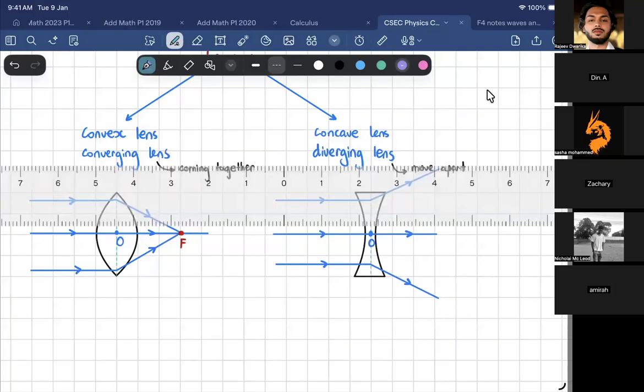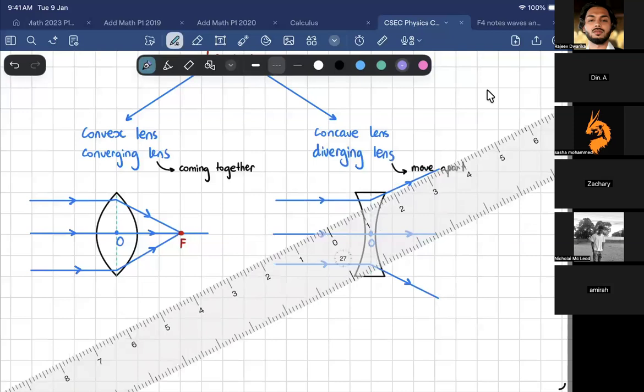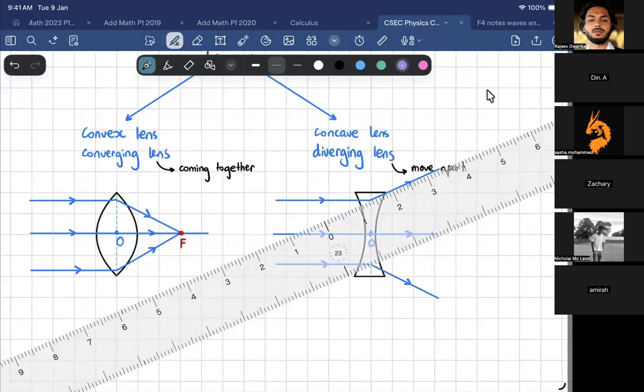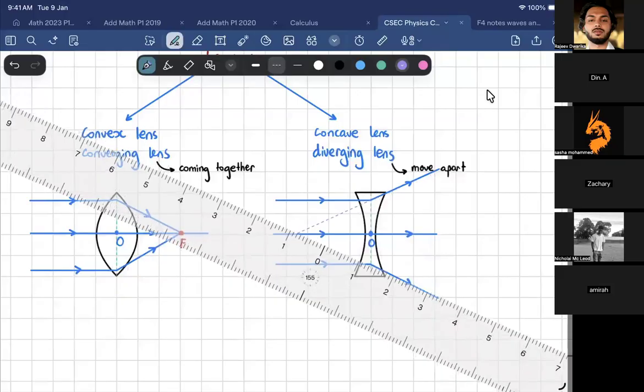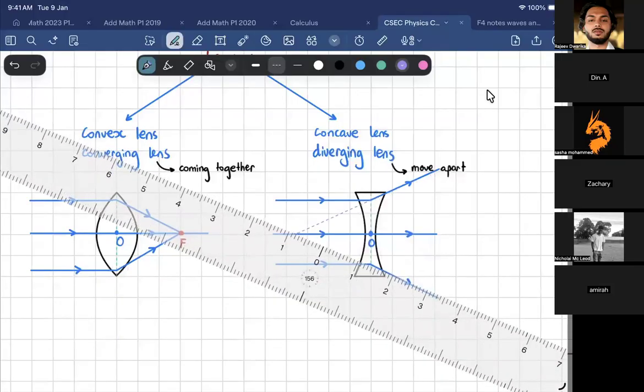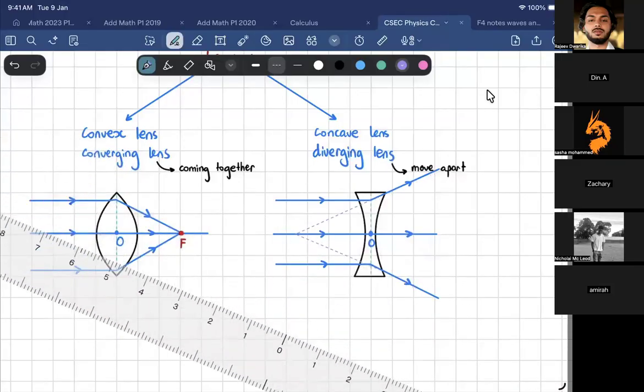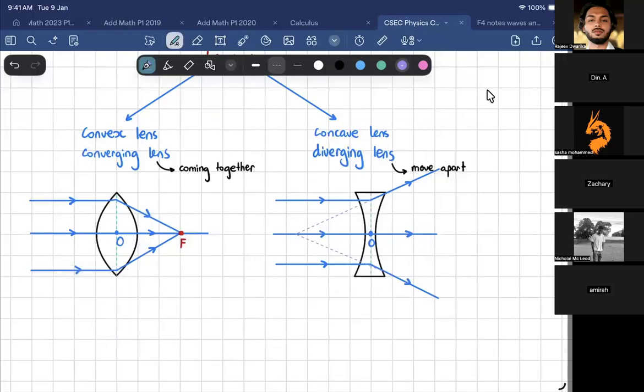You're going to take a ruler, you're going to line it up with one of the rays after the lens, right? And there you go. This one is a bit harder to understand, but for that divergent lens, this would be your focal point.